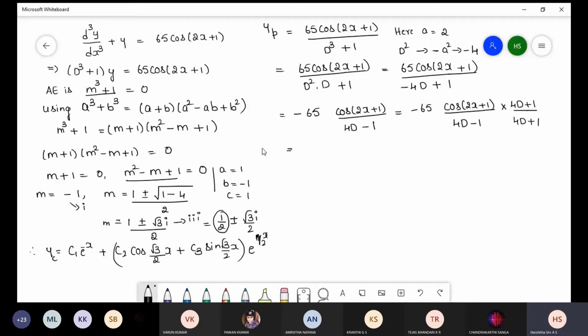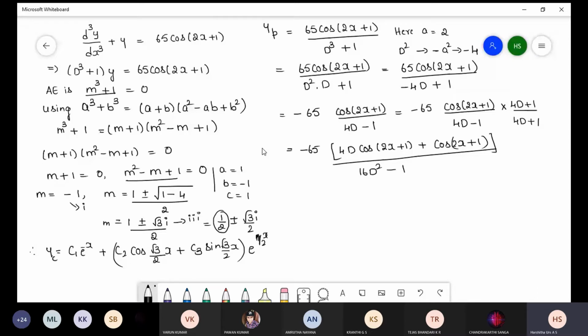So here minus 65. Multiply this cos of 2x plus 1 with this term. So here 4 into differentiation of cos of 2x plus 1, plus cos of 2x plus 1, divided by 16D square minus 1.